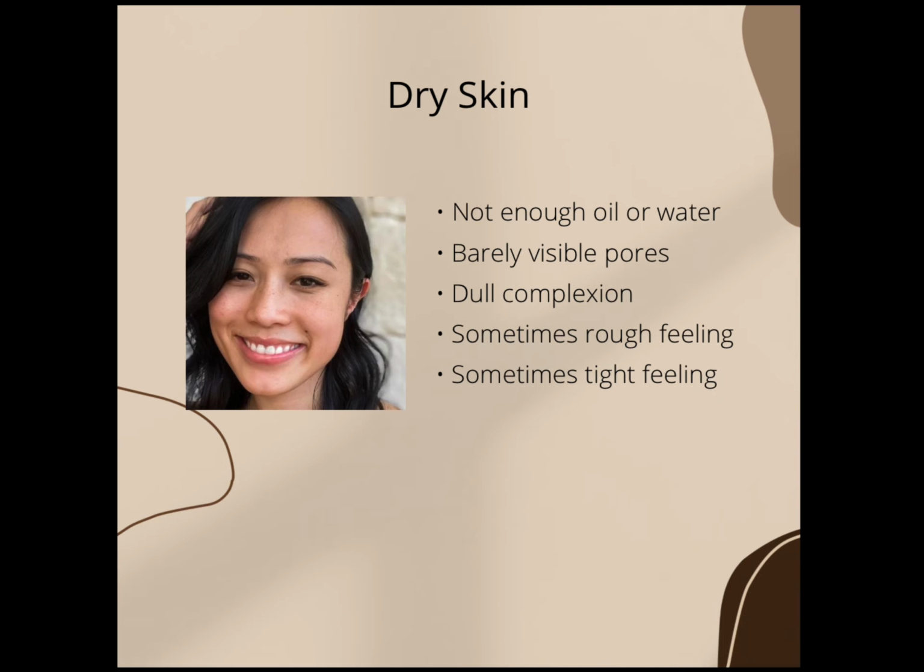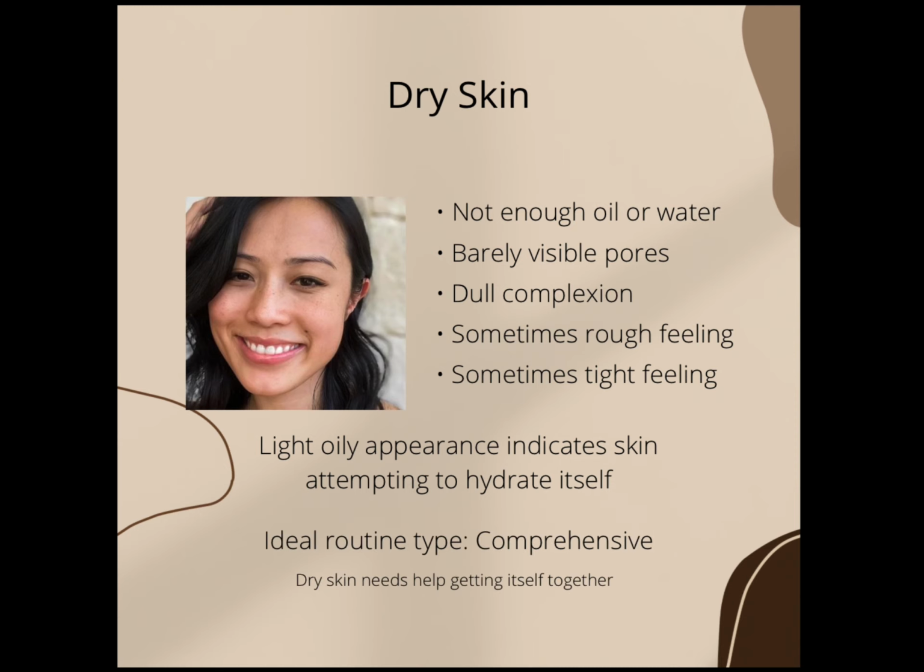This is because dry skin is lacking the moisture content that it needs, so it kicks into overproduction of oil so that it can try to take care of itself. There tends to be a noticeable difference in the appearance in that there's an overall dull appearance with a tight-looking shine to it. A more comprehensive routine tends to be best for dry skin and should be generally focused on providing more moisture and oil protection.